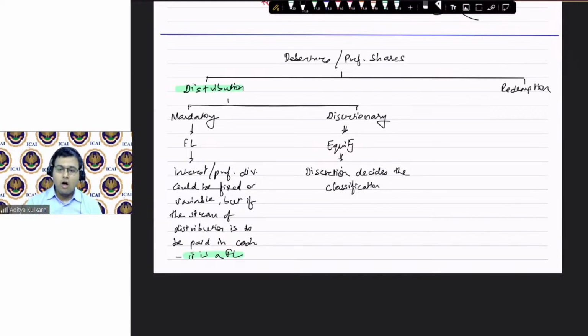So it will not be a financial liability. It ends up being an equity. Is it okay? Yes. All clear so far? Fine. Redemption. I have not yet gone to conversions. Okay. I have not yet gone to convertible instruments. Redemptions. Redeemable.